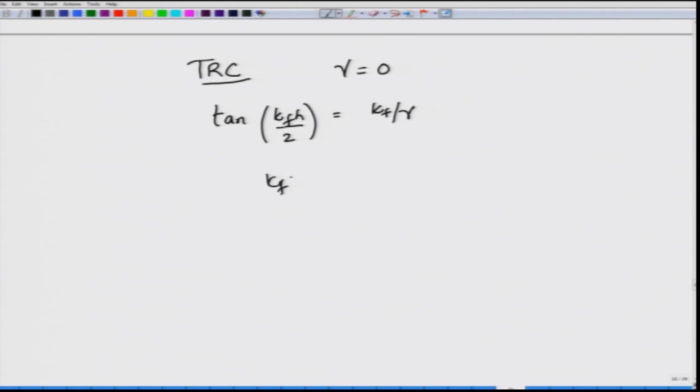So, when kappa f h by 2 goes to pi by 2, then you will find that this is the first solution that is available for us. So, sorry, this is the transverse resonance condition for the odd modes that we have written. So, for the even modes of course, it is the other way around, and what you see is that as it goes from say pi by 2, then you have 3 pi by 2 and so on, there are an infinite number of such solutions.